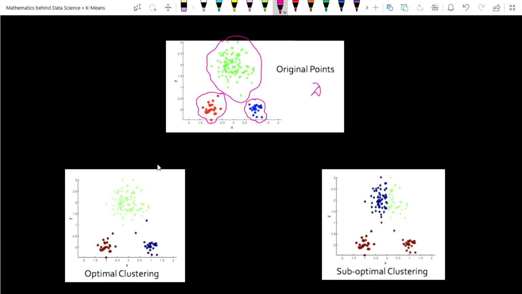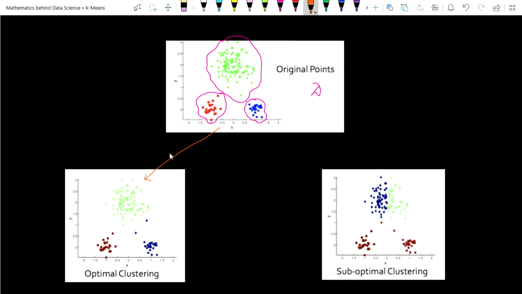After one initialization, suppose at the end of Lloyd's algorithm we got this result.